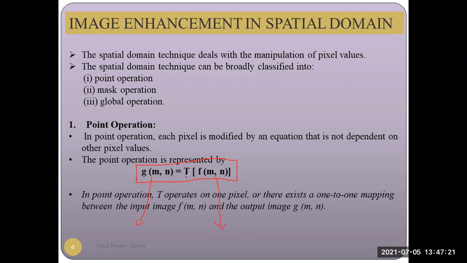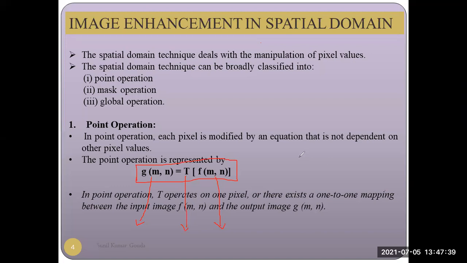Then this T is nothing but the transformation operator. Which type of operator? This is a point operator that is performed on this. So once we perform this operator, we will get the transformed output.